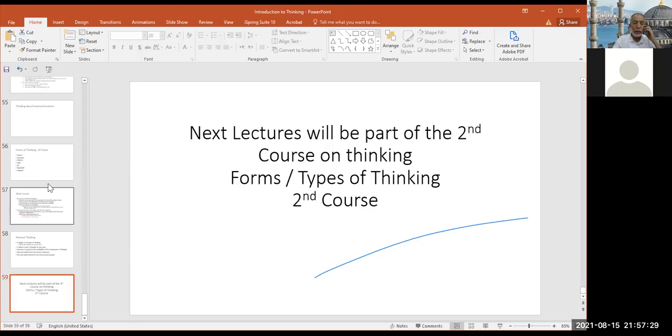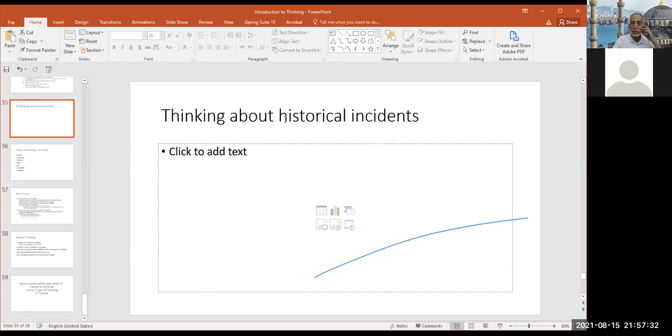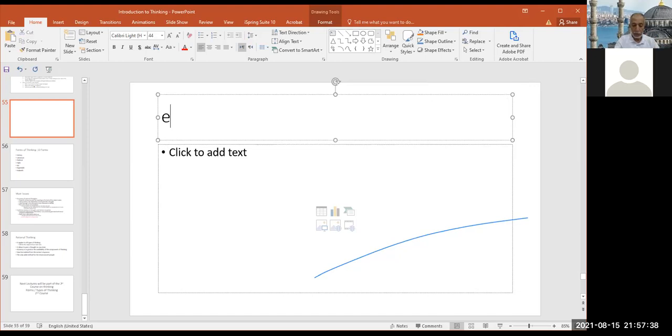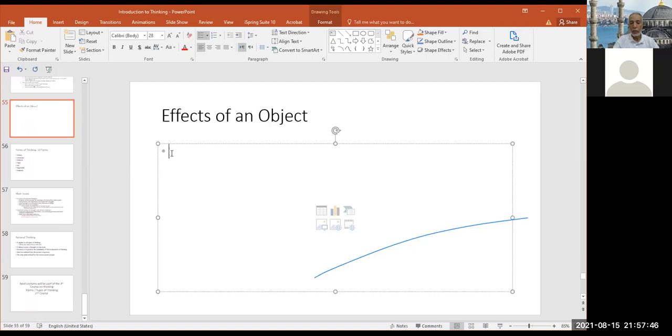Let's say the effects of an object. Let's say knocking at the door, the sound of an airplane, the image or shadow, not image, shadow of a human.